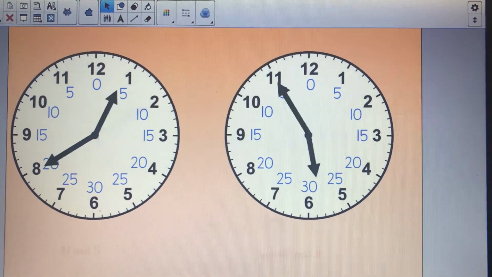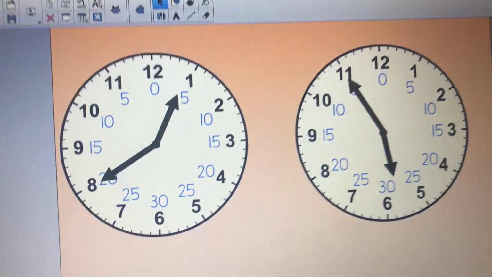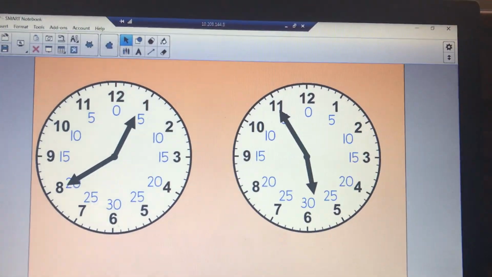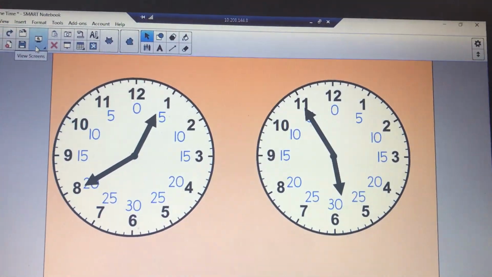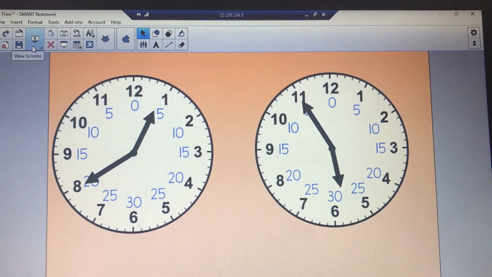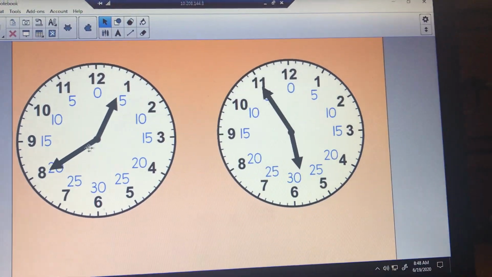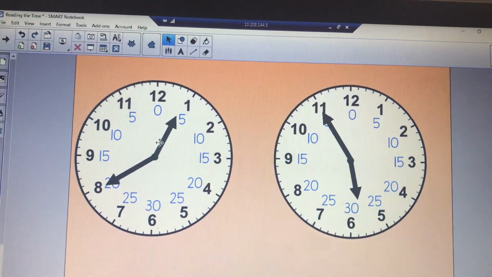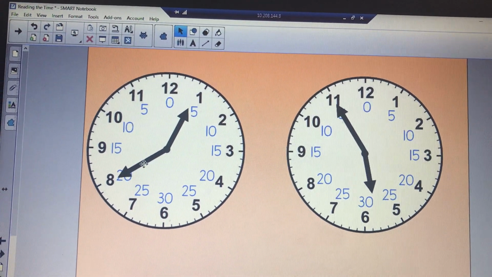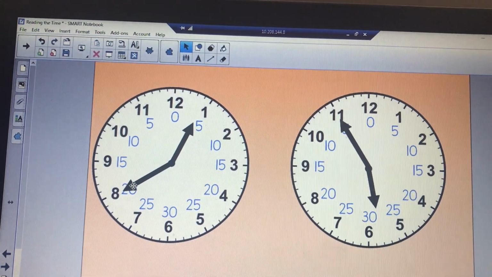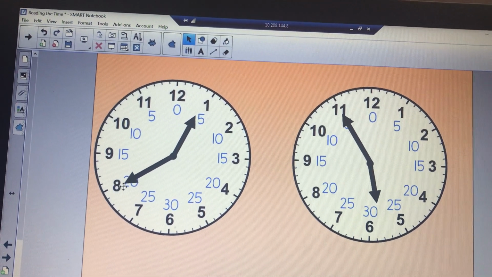Okay. So I've got 2 more examples here for us to look at. And this time we're going to look at reading times that are to the next hour. So this clock over here, looking at the minute hand first, the minute hand here is pointing at the 8.